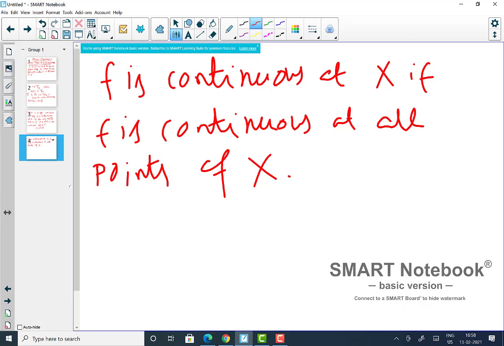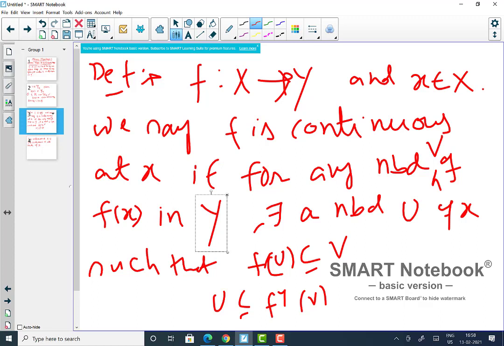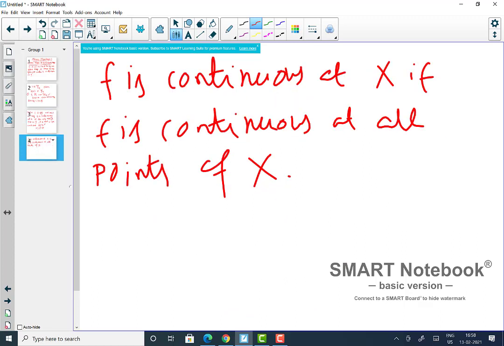Continuity means that for every point you have this property. You take a neighborhood of the image, and there will be an open set U such that f of U is a subset of V. This is the meaning of continuity at every point.